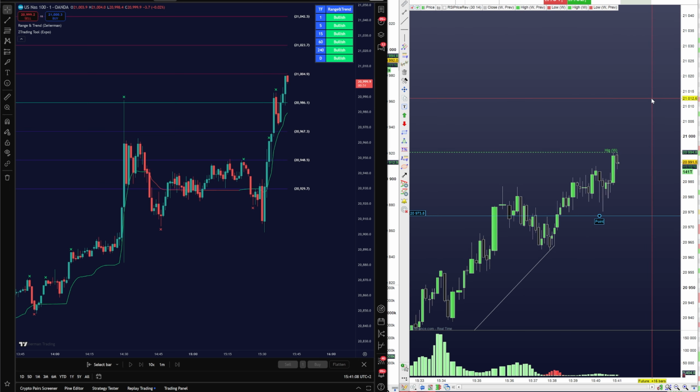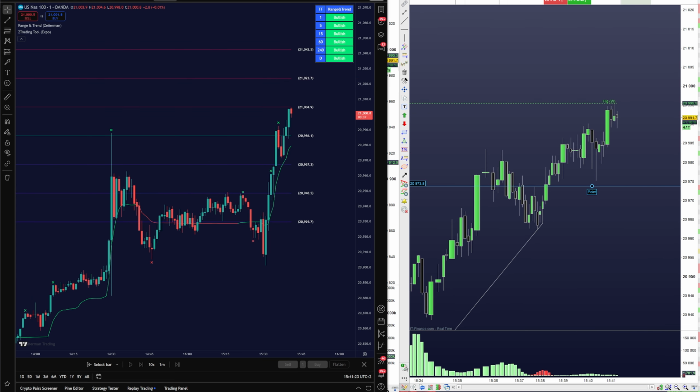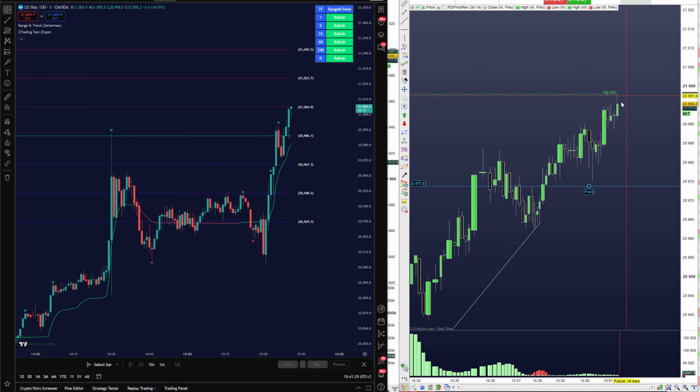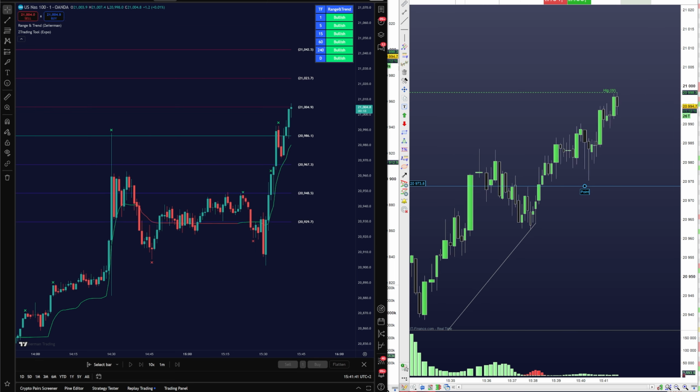So yeah, it's nice to be long right now. The volatility is high. We have great trade activity in this area. We are printing highs after highs, and there we go. We just reached my first target. It's depending on which prices, but this one has successfully reached the 21k mark.